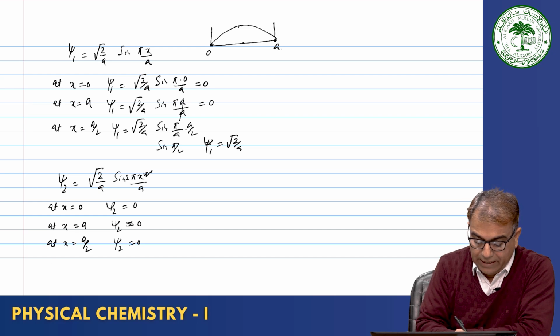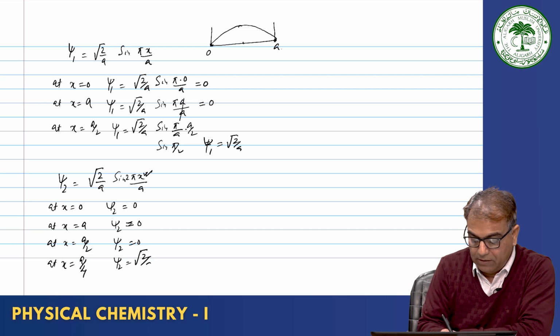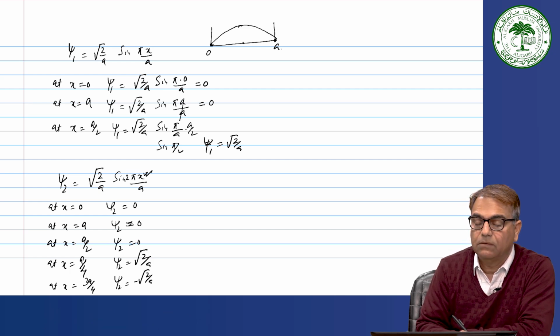At x equal to a by 4, ψ2 will be root 2 by a, and at x equal to 3a by 4, ψ2 will be minus root 2 by a.